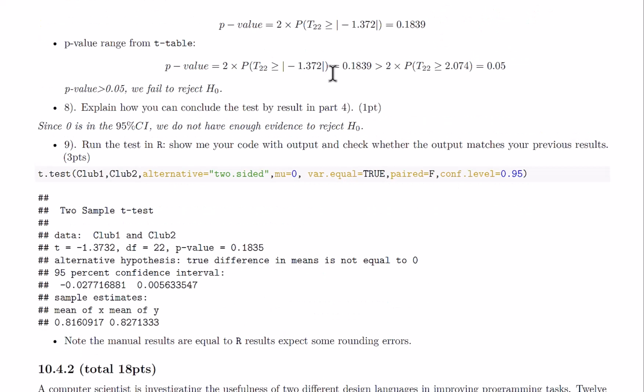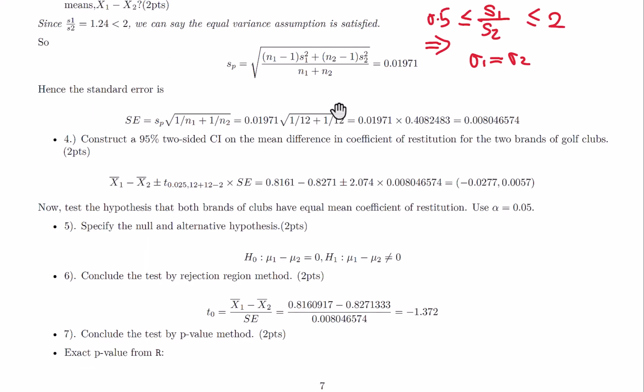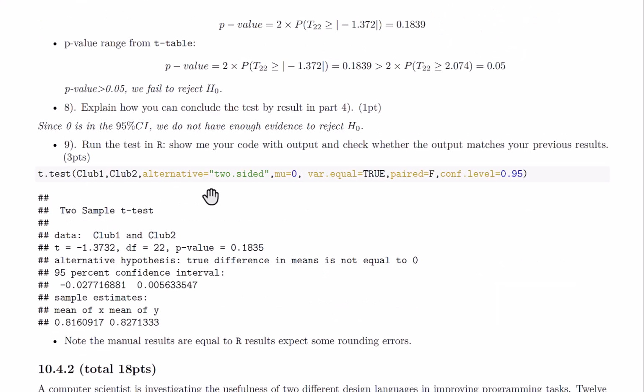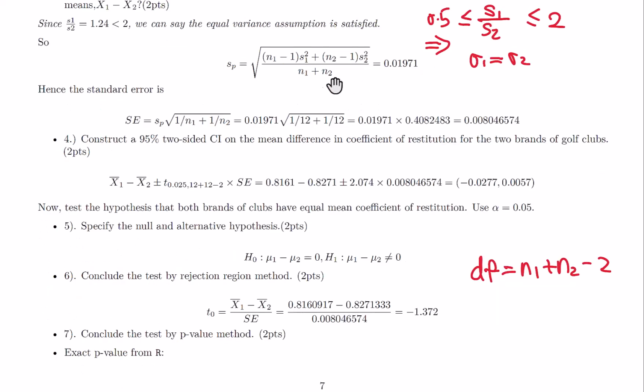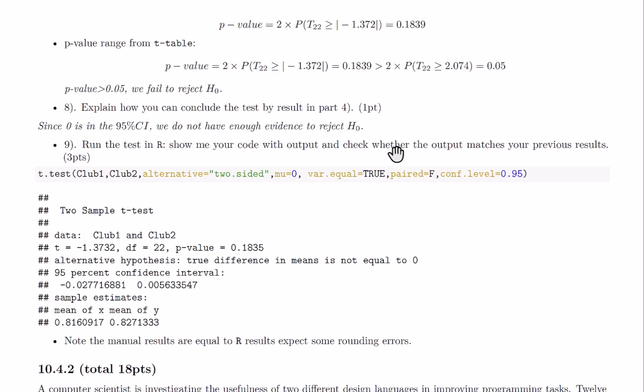I also want to say something about degrees of freedom, because this is pooled t, not paired t. This df equals n1 plus n2 minus 2. That's how we got 22, because n1 and n2 are both 12. 12 plus 12 is 24, minus 2 is 22. That's how we get the degrees of freedom of 22 right here.